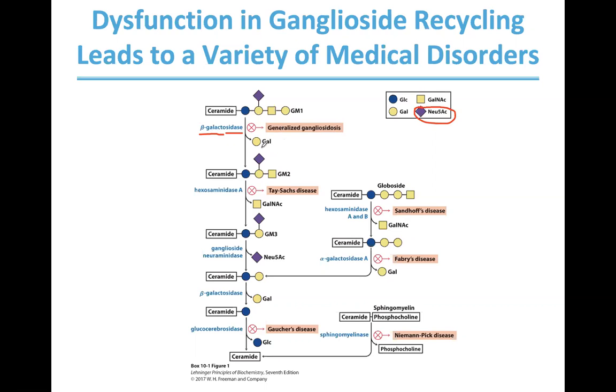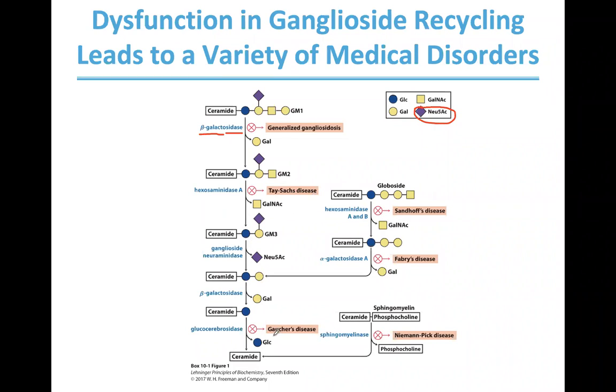Now you can see here hexosaminidase A. I guess this one takes off the N-acetyl galactosamine. If this cannot be taken off, this leads to another disease, Tay-Sachs disease.